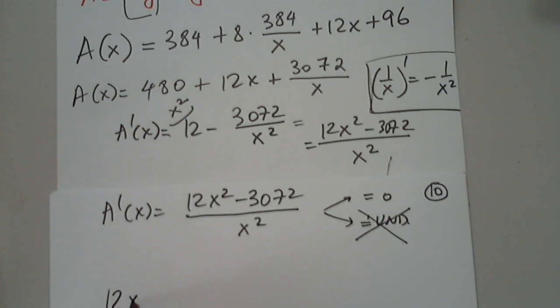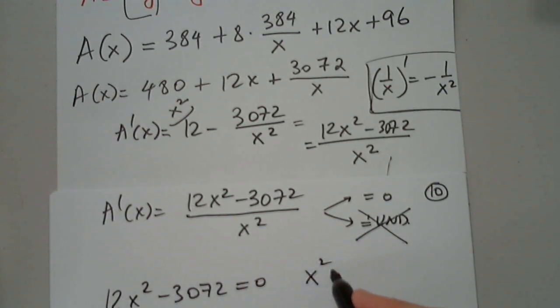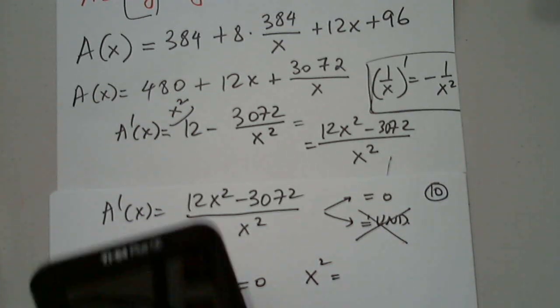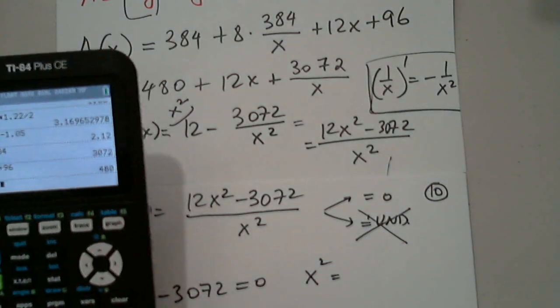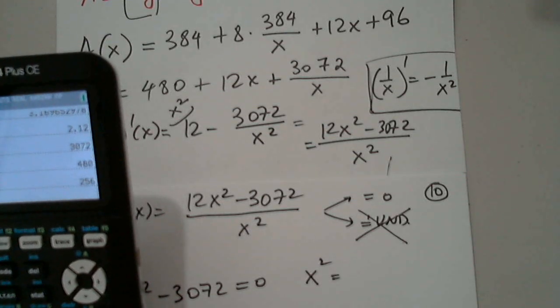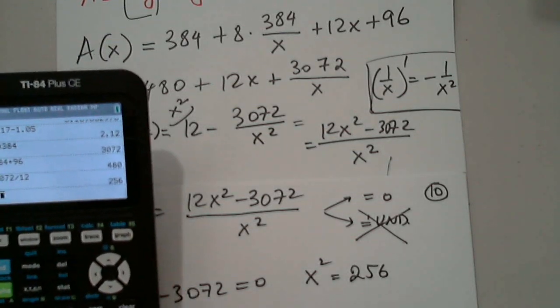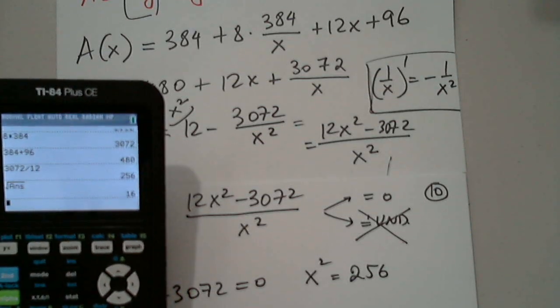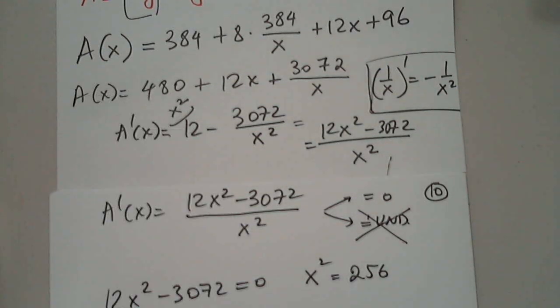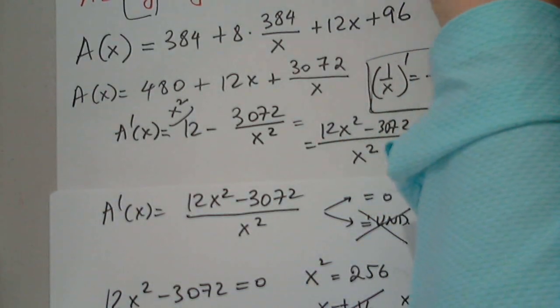So 12x squared minus 3072 has to equal 0, so x squared is 3072 divided by 12, which is 256. Very nice. And the square root should be 16. I should write plus or minus 16, but of course the negative makes no sense. So x is 16 centimeters.